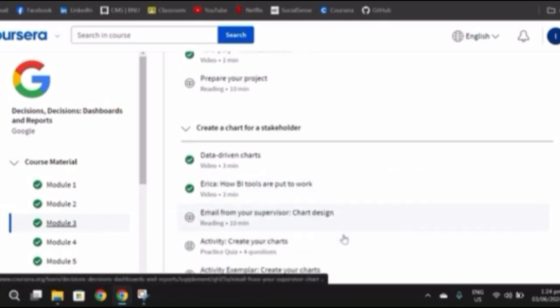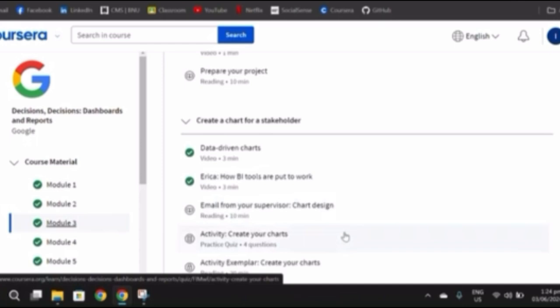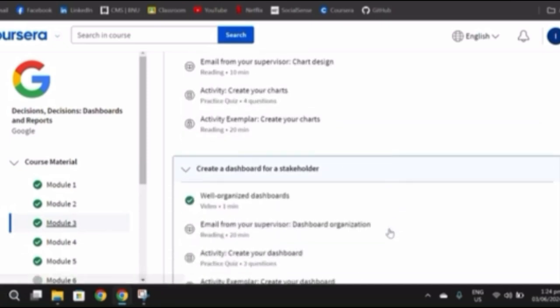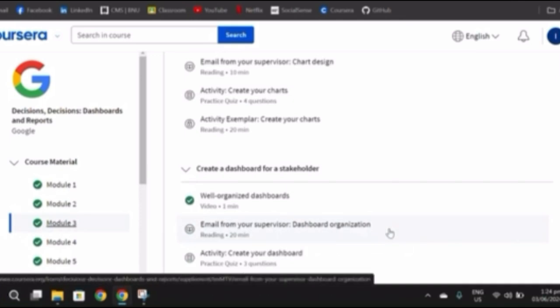Dynamic dashboards with real-time and interactive elements empower users to explore data, uncover valuable insights, and foster engagement. Applying design best practices such as logical organization and consistent formatting results in visually appealing and intuitive dashboards.